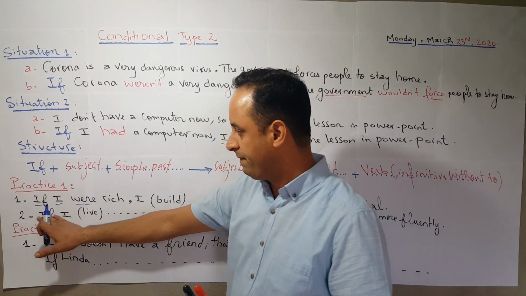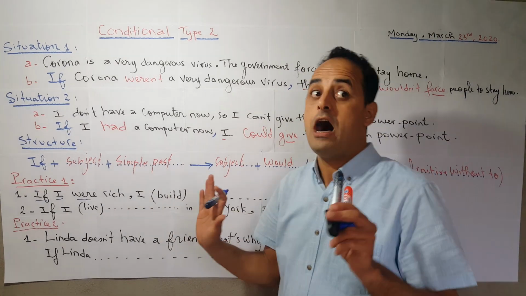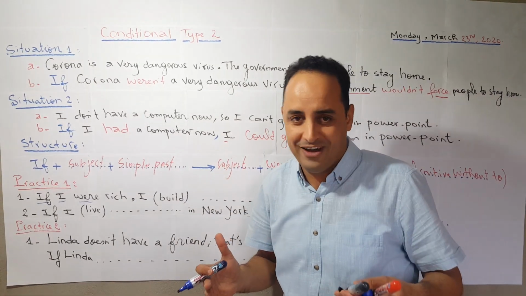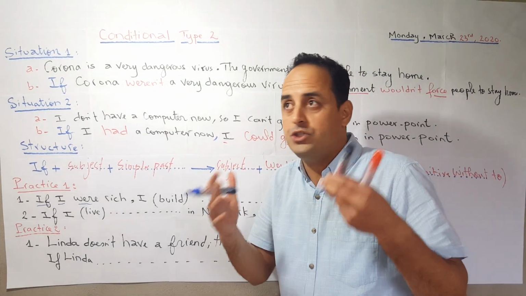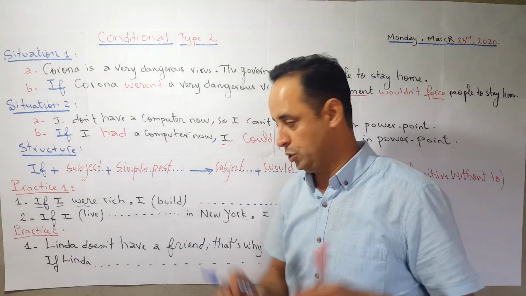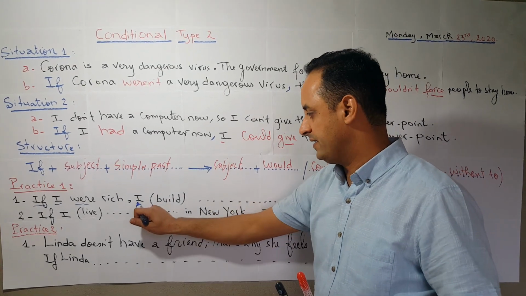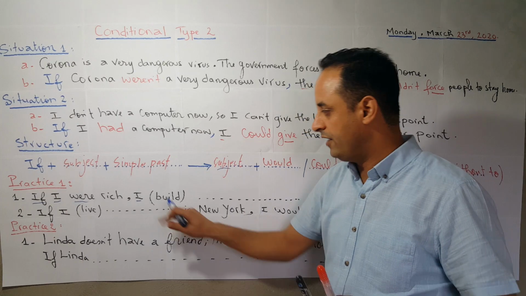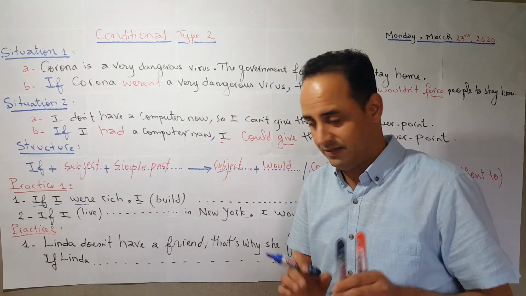So there's "if," and then subject, and then the simple past. This is the if clause. "If I were rich," my situation is that I am not rich. Okay, so I just imagine I were rich now. What would I do? Okay, the result clause, there's "I," which is subject, and between brackets you have the verb "build," which is normally in the infinitive.